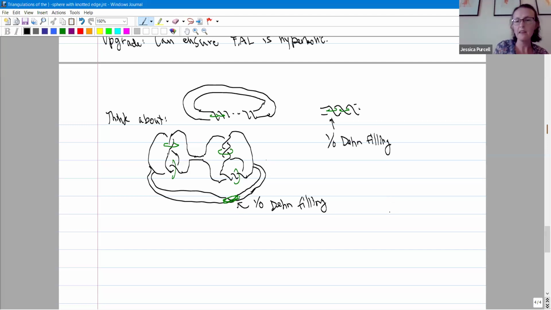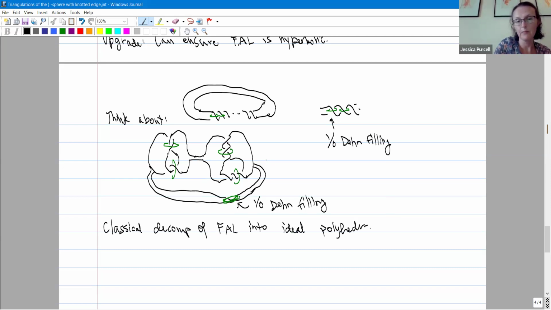Okay, so now let's find a face spanning a meridian. So there is a classical decomposition of a fully augmented link into ideal polyhedra. Sorry, hyperbolic. And this has been used extensively in hyperbolic geometry and hyperbolic knot theory.